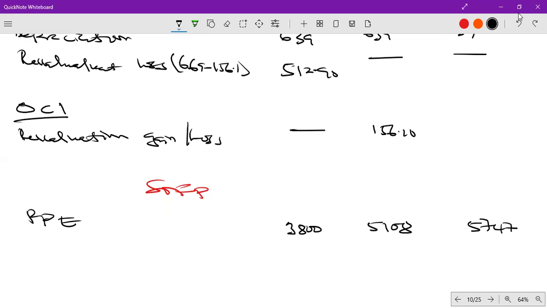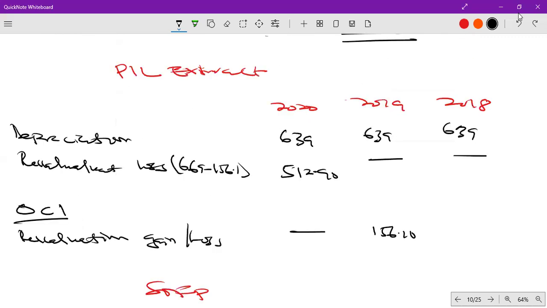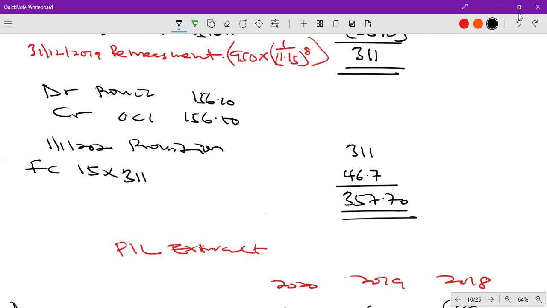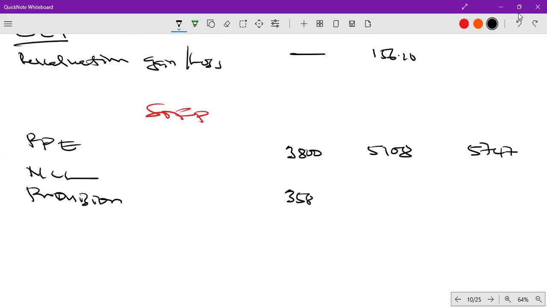Then we come to non-current liability. Then you come to the provision. What was the provision in the current year, 2020? That's 358. 358 for 2020. Then 2019, 357.7.